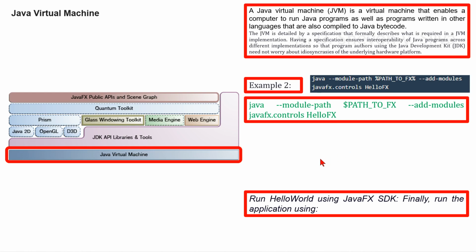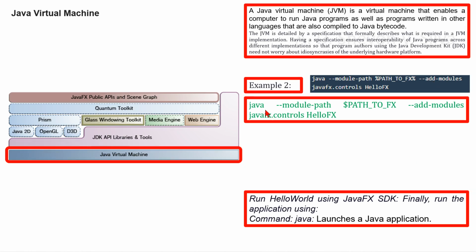Transitive dependencies are automatically resolved. For instance, there is no need to add the javafx.graphics module since it is transitively required by the javafx.controls module. Here the command java launches a Java application.